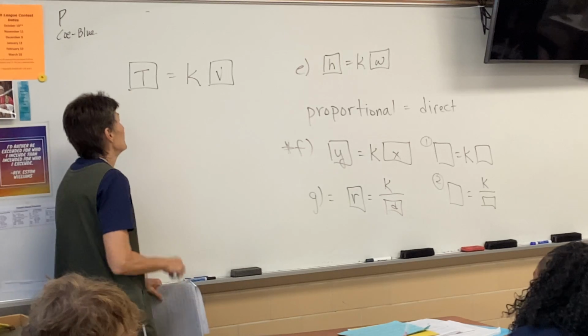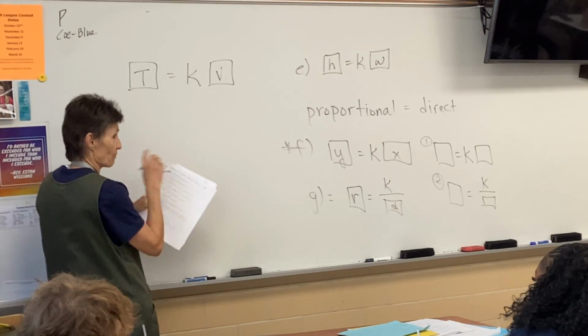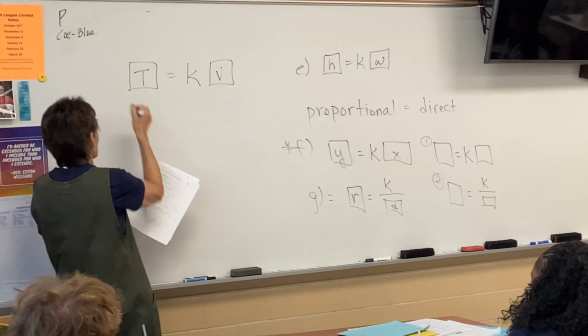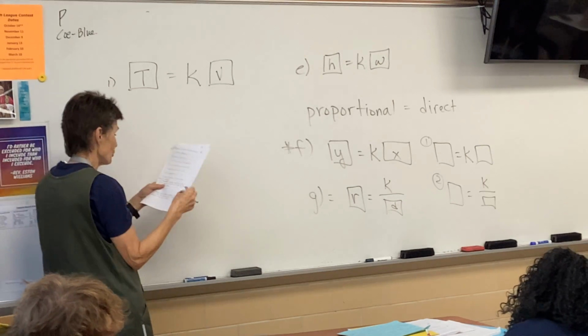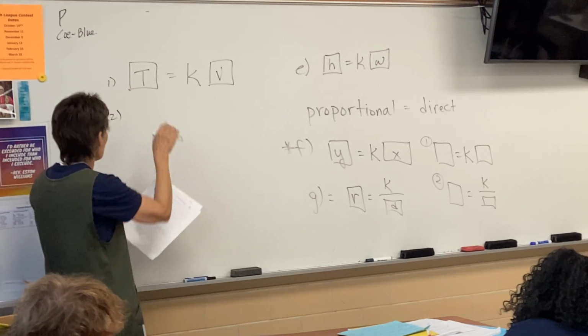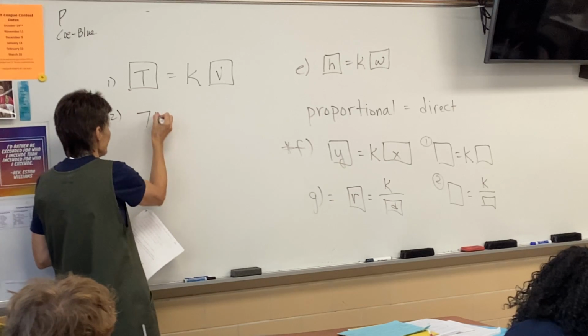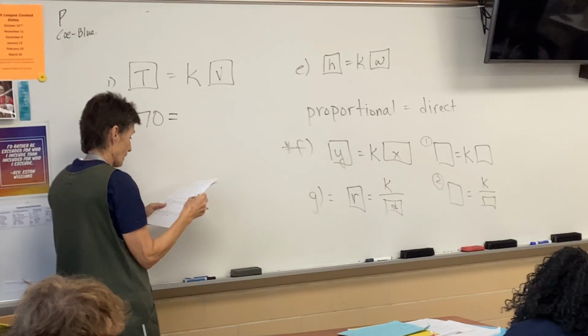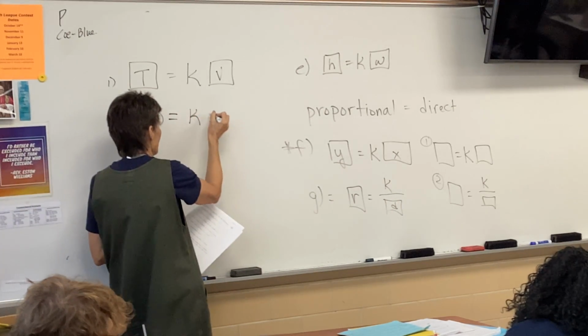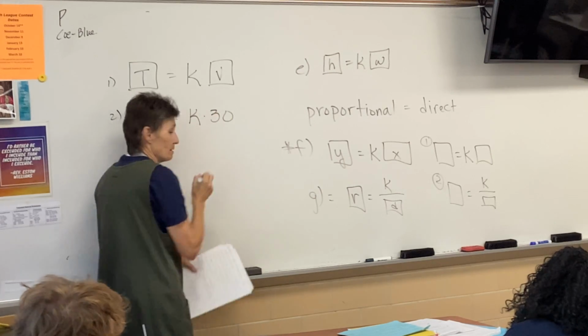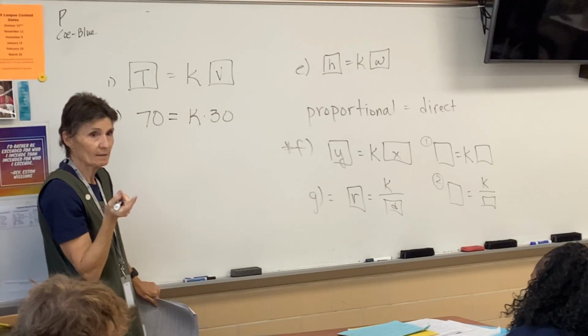Okay. Now, next part, that's the first sentence. I'll just call it one. Sentence 2 says, if the temperature is 70, then the volume is 30. So you see what I did?